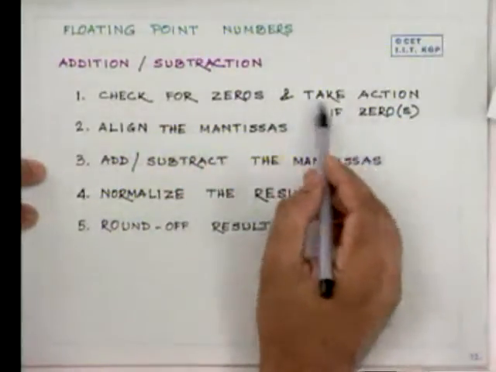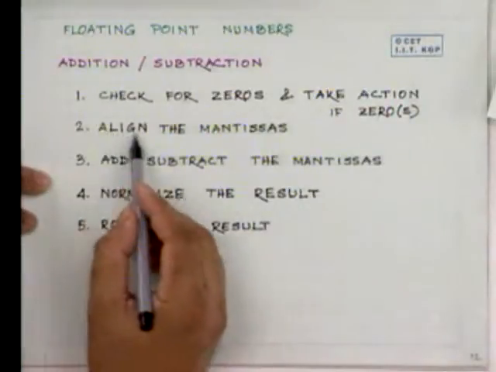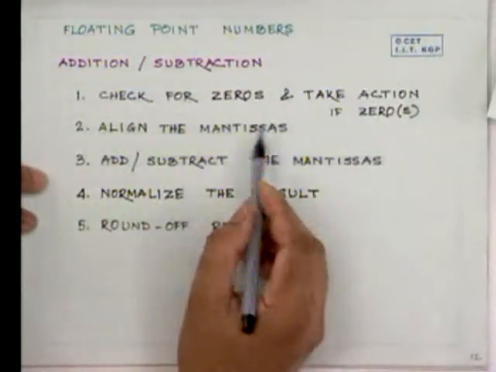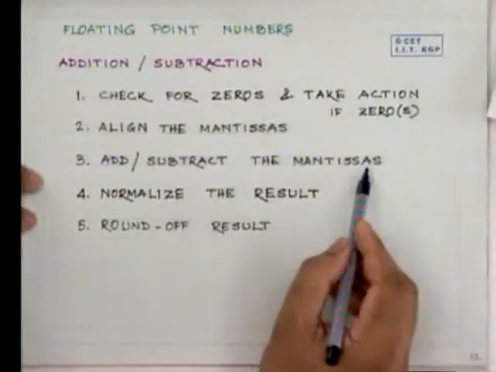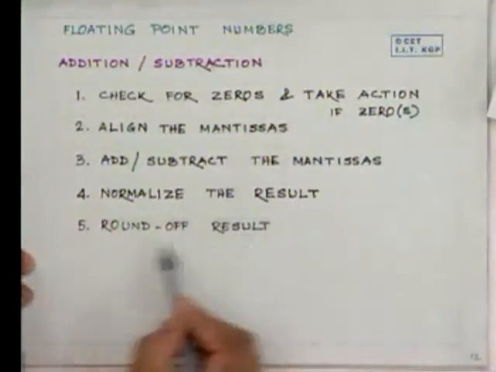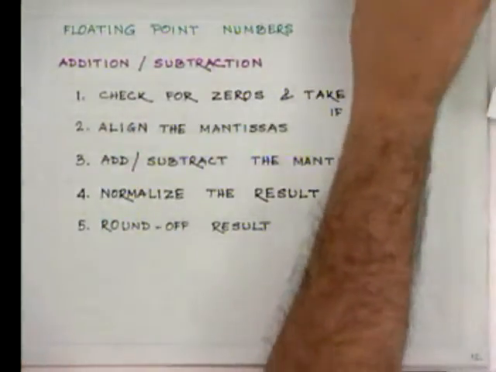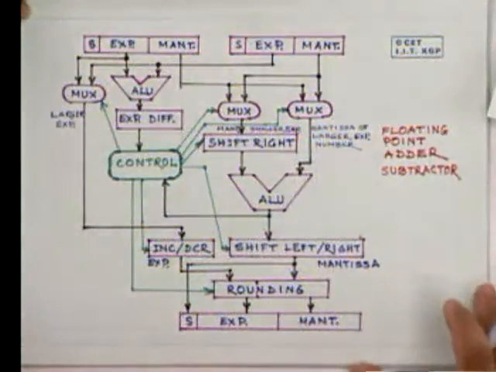If you find that one of them is 0, then the other turns out to be the result. Otherwise, we align the mantissas, then add or subtract the mantissas, normalize the result, and then we should round off the result.